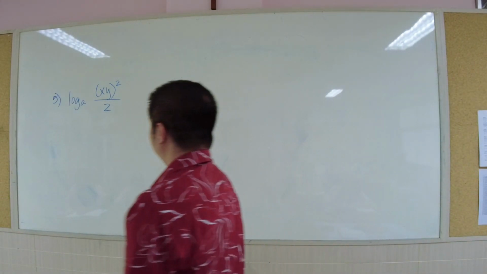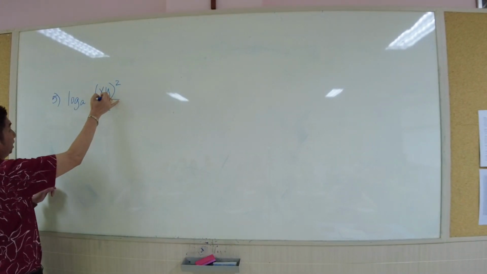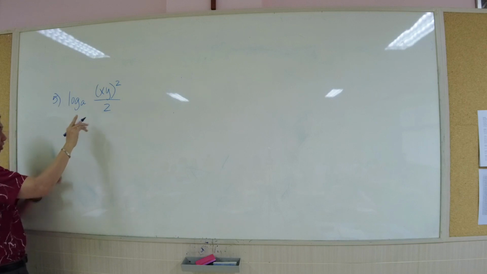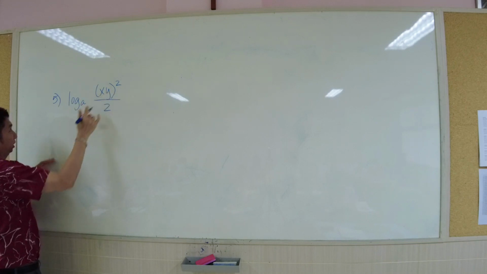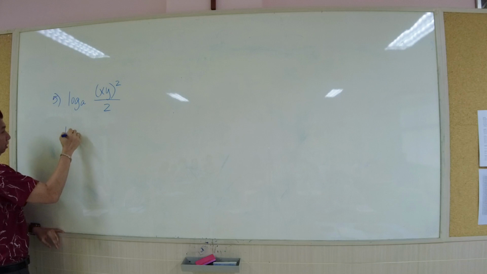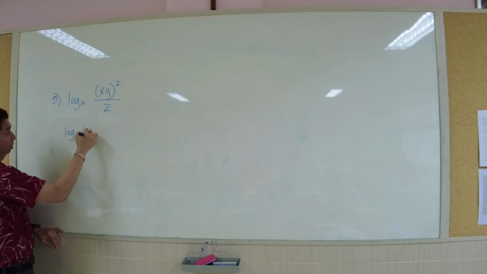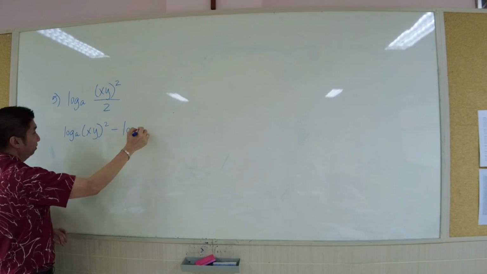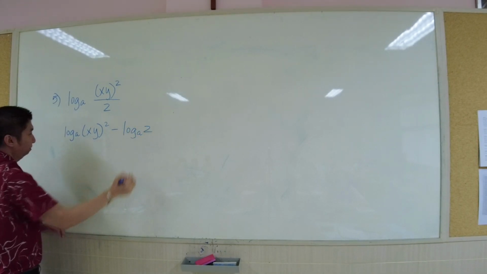Next one. Logarithm of quantity xy power of 2 over z. So let us separate first the division, step by step. Look at me first, don't copy yet so that you can follow.